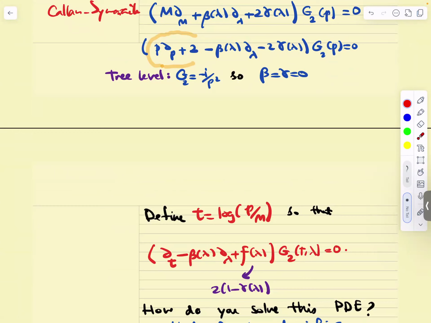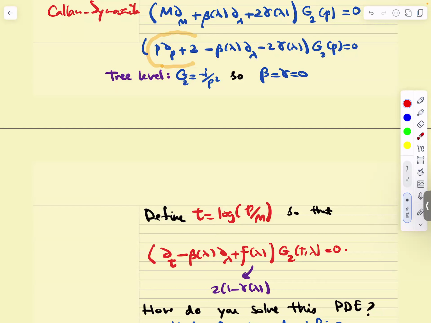Now there's a little bit of a weird step. Introduce a new variable t, which is log of p over m. View it this way: you want to write p del p as del t. But you can't write t equal to log of p, because that's gibberish. What's inside the log has to be dimensionless.